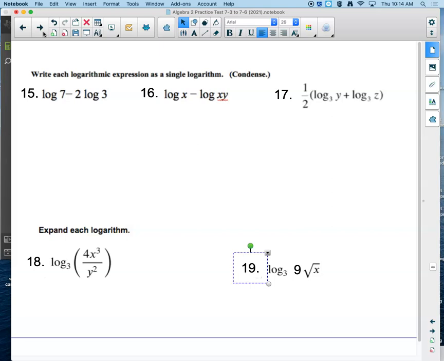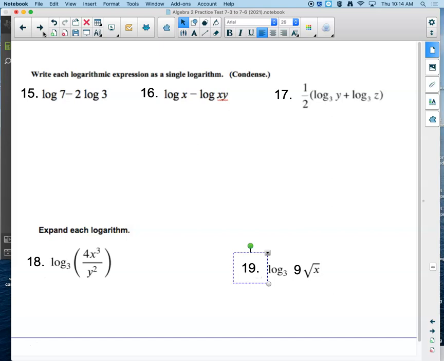This is what it starts looking like in 15, 16, and 17, but this is what it's supposed to finish looking like in 18 and 19. And when you do it backwards, 18 and 19 should look like 15, 16, and 17 when you're done. So use that test-taking strategy of looking forward and looking backwards.